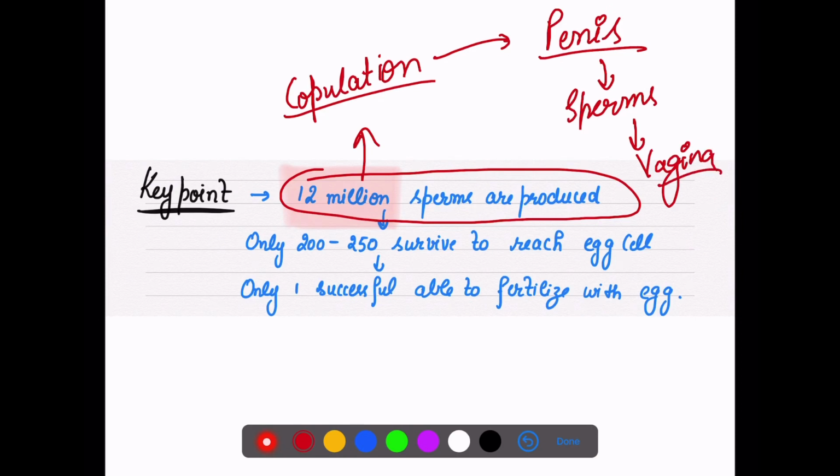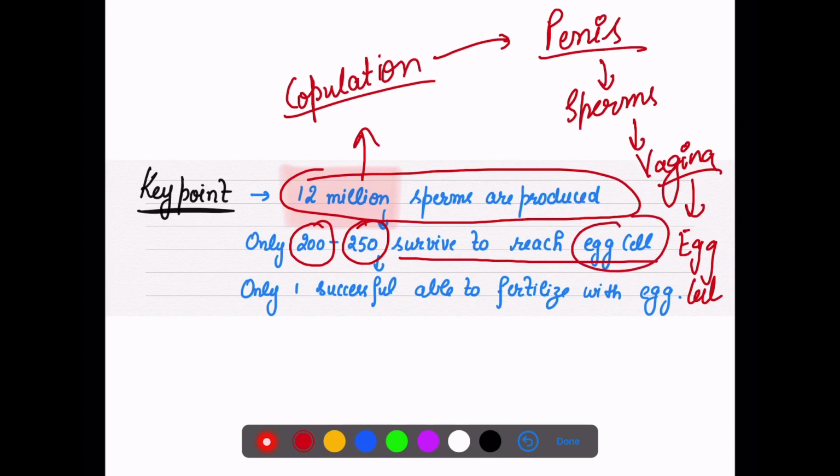And why are they released into the vagina? Because they have to reach the egg cell. Out of 12 million, only 200 to 250 sperms survive to reach the egg cell.